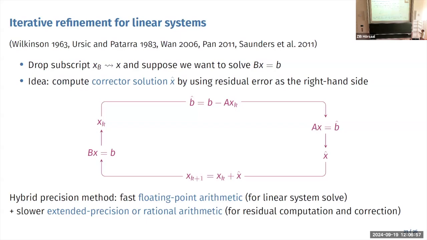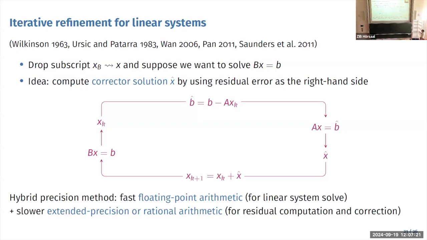But if it's not as small as you wish, then you can use this vector of residual errors and put it onto the right-hand side, Ax equals b hat, and solve this system again. This is just a slight modification from this year. And please, A and B here mean the same thing.